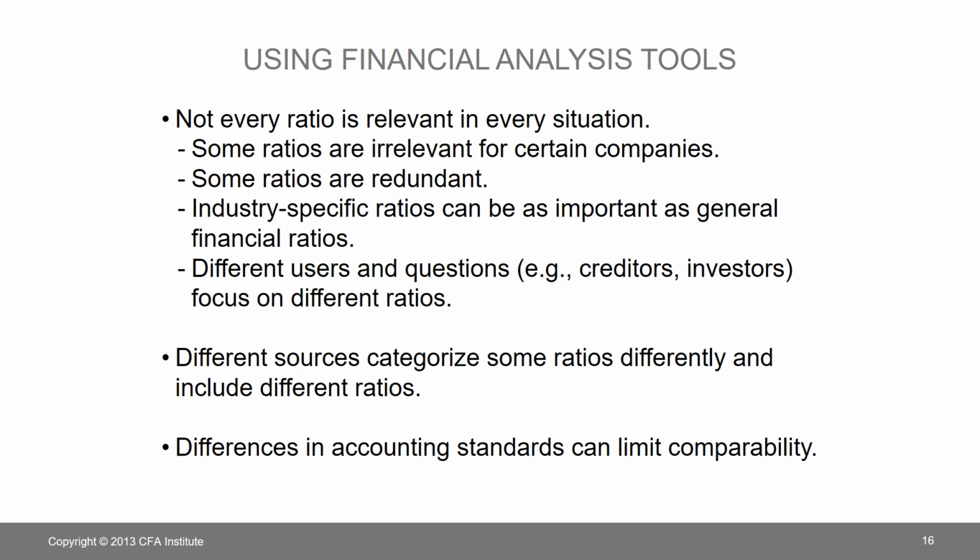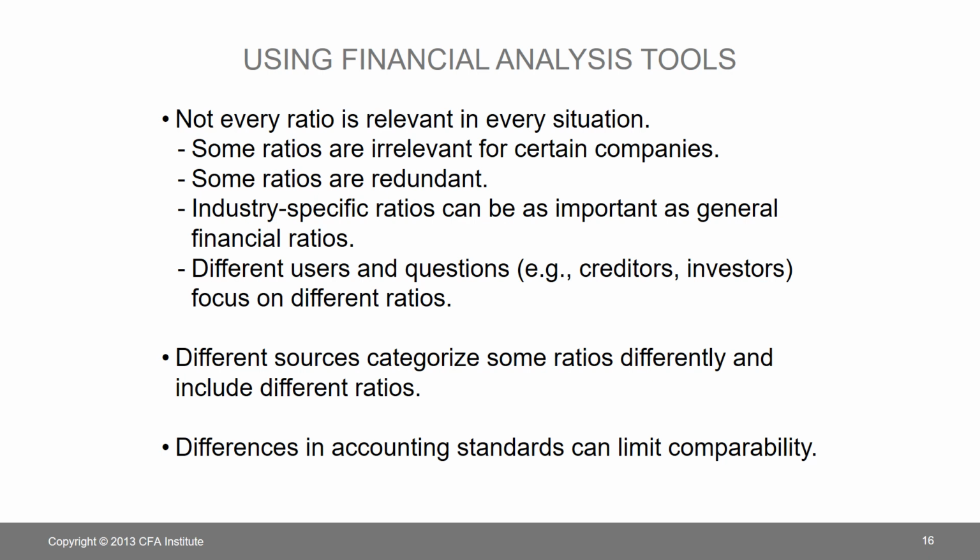For other ratios, there are differences in categorization, such as the cash conversion cycle, which is days of inventory on hand plus days of sales outstanding minus days payable. The cash conversion cycle is categorized as a measure of liquidity but is clearly closely related to measures categorized as measures of efficiency.